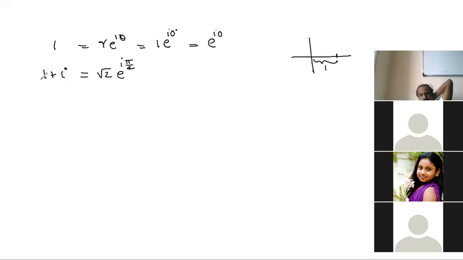What is the modulus here? 1 square plus 1 square under root, that becomes root 2, and theta is tan inverse b by a, tan inverse 1, which is pi by 4.